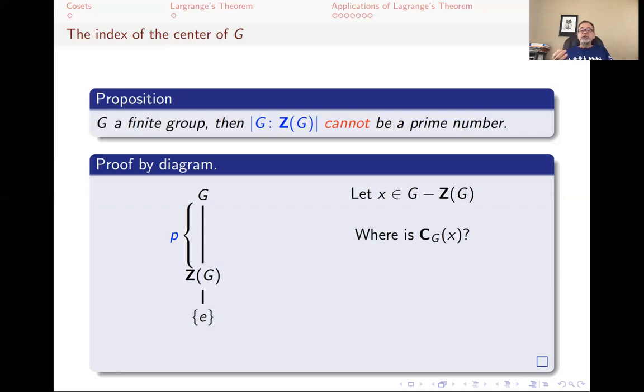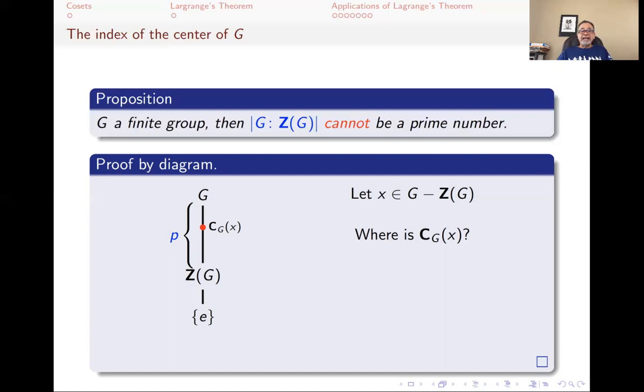Well, the centralizer contains the center, because the center of the group are the elements that commute with everything, and certainly those elements commute with X. And therefore, the center is a subgroup of the centralizer, and the centralizer is a subgroup of the group. And so the centralizer is somewhere on that line between the center and the group. And now we are back to the previous theorem that we had.